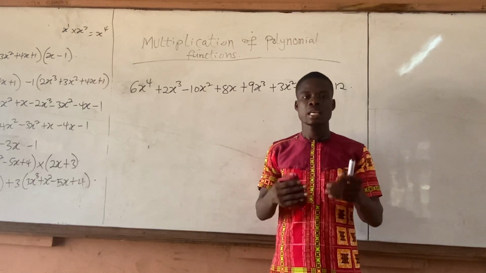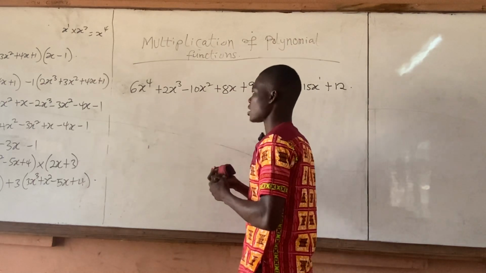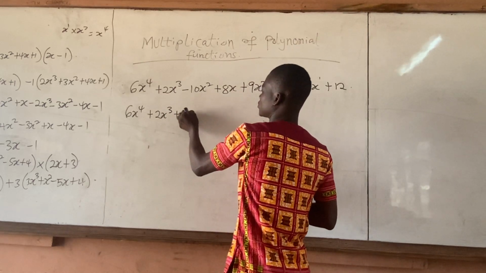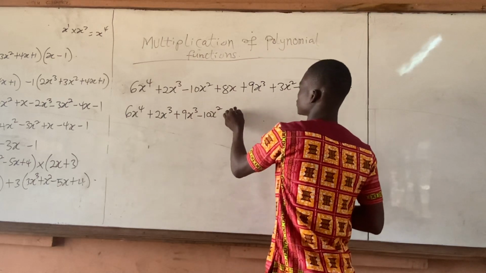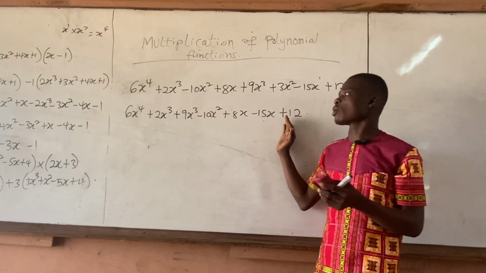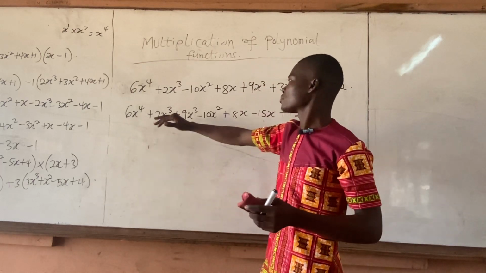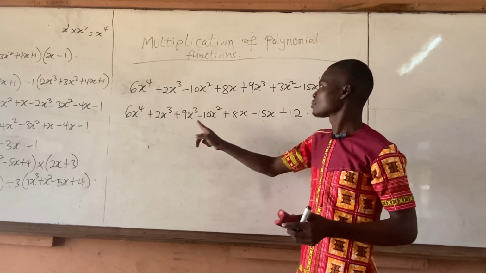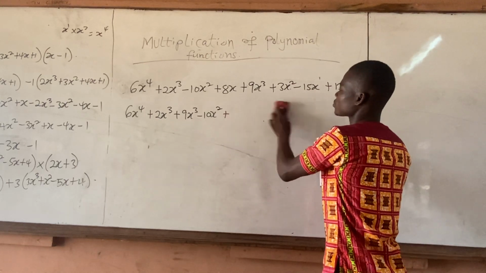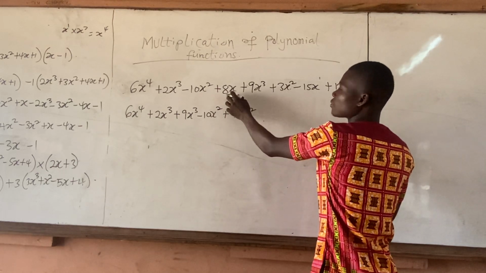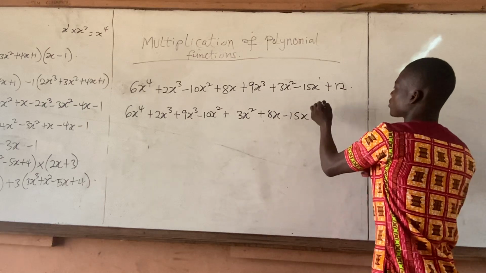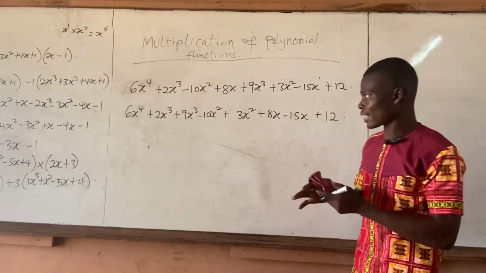When you group the like terms by using the powers, this is what you are going to get: 6x to the power 4 plus 2x cubed plus 9x cubed, minus 10x squared plus 3x squared, plus 8x minus 15x plus 12.